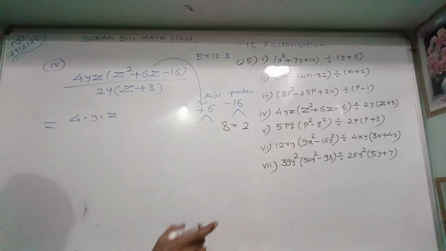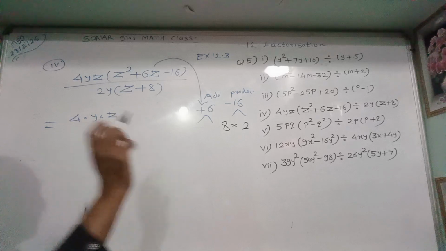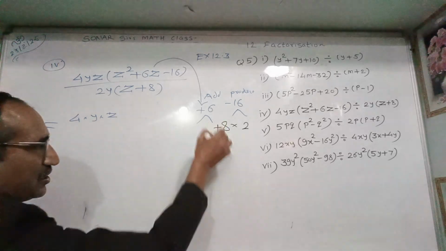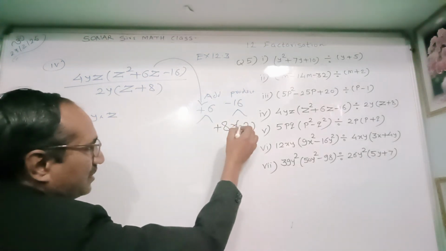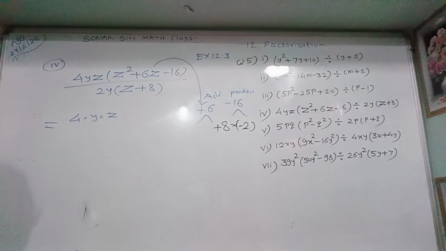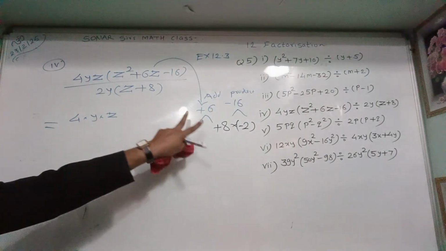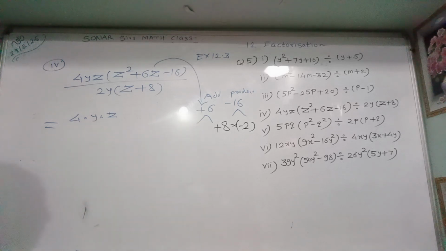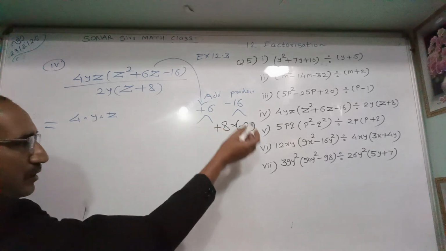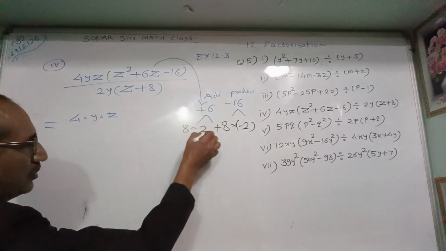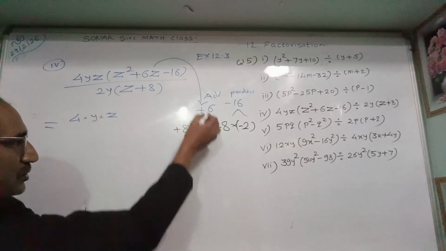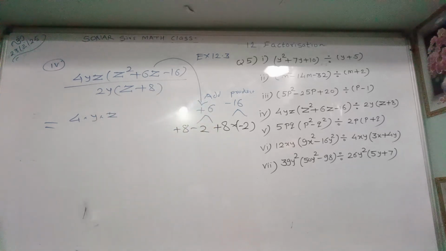So whatever the sign for the addition term, that should be given to the larger number and the rest must be negative, because plus into minus is minus. Whenever there is an opposite sign, the sign of the greater number is taken with subtraction. So plus 8 minus 2 becomes plus 6.